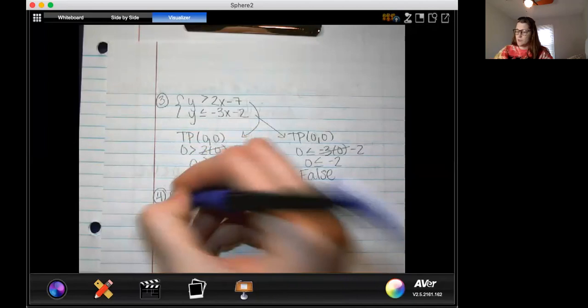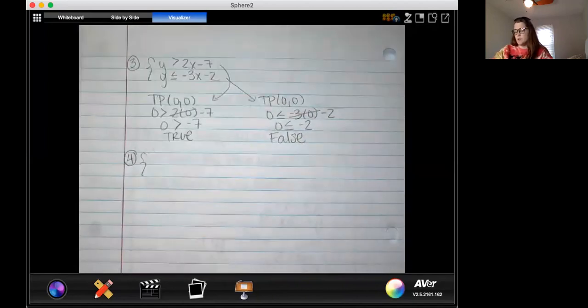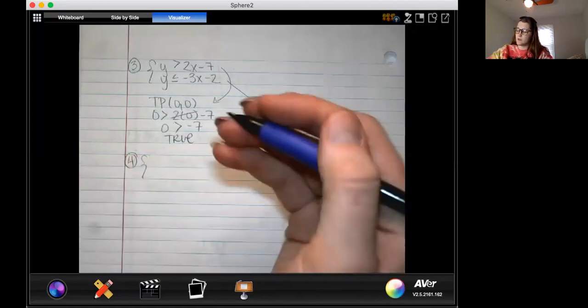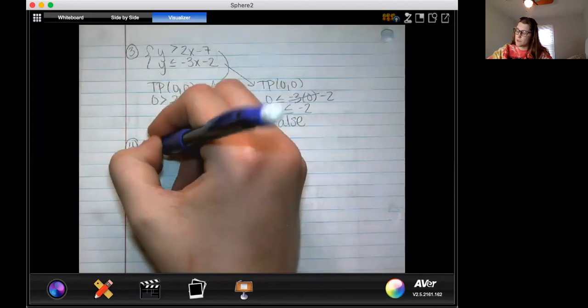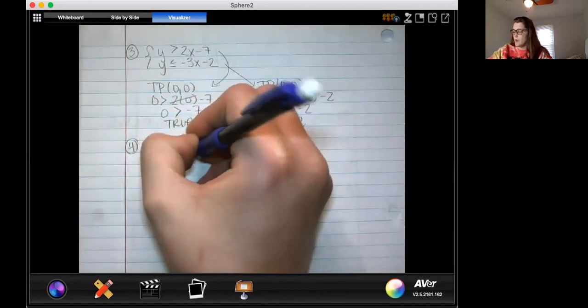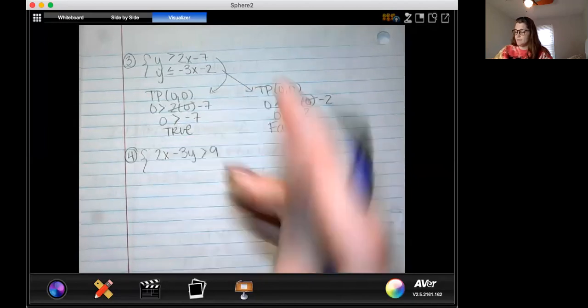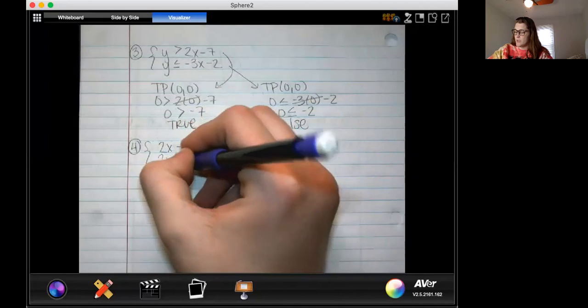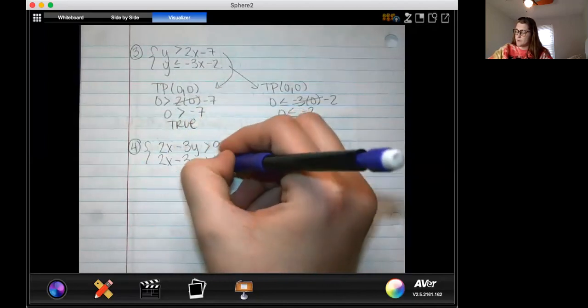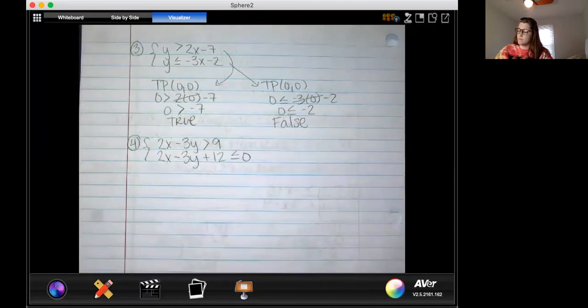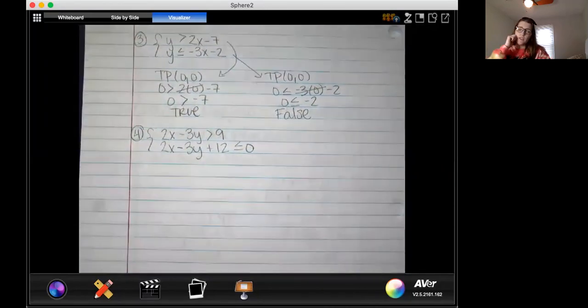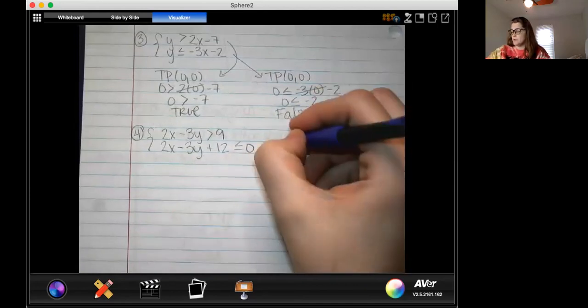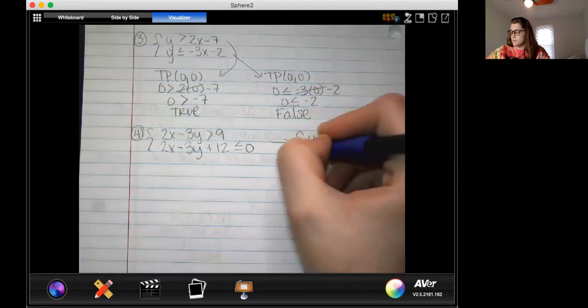Okay, number 4, I'm going to make you work for it a little bit more because you're going to have to rearrange inequalities on this one. So 2x minus 3y is greater than 9, and 2x minus 3y plus 12 is less than or equal to 0. First thing you need to do for number 4 is rearrange so that they are both y by themselves.